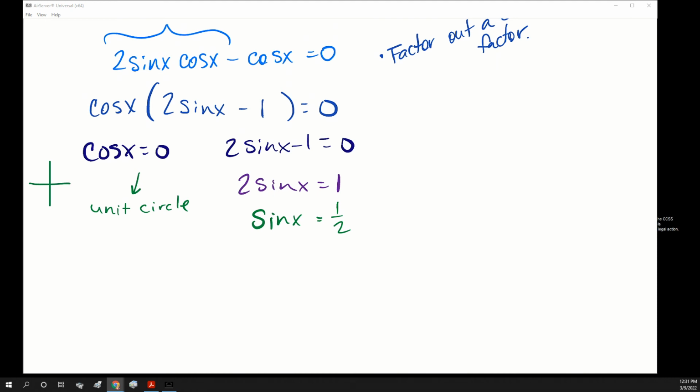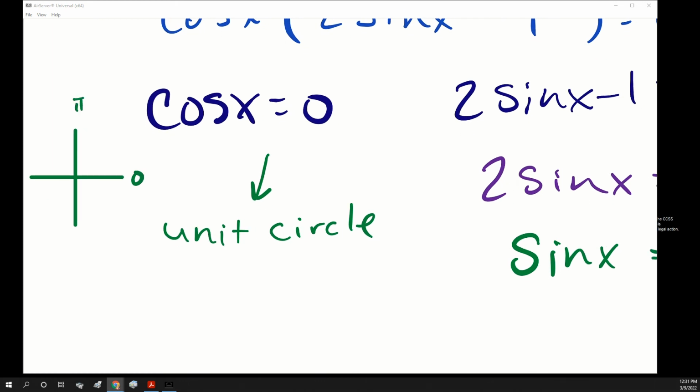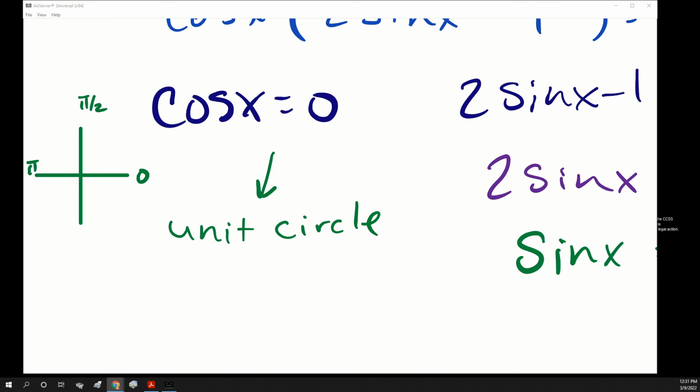If you just have it in your brain, that's fine too. All right, and if we're going to find the cosine of an angle from the unit circle, what do we use?